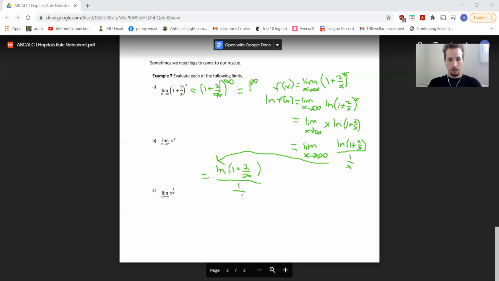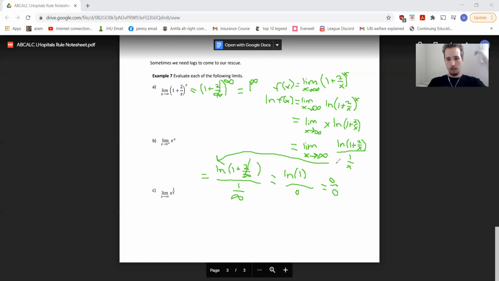Remember, when it comes to L'Hopital's, you only use it if you need to, right? In this case, you get ln, the 2 over infinity is just 0, so we get ln of 1, and then we get 1 over infinity is 0. Well, ln of 1 is 0. So in this case, we get 0 over 0, and we do get a form that we need to use L'Hopital's for.